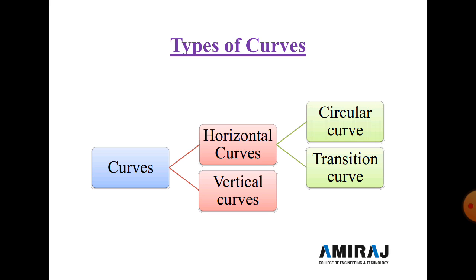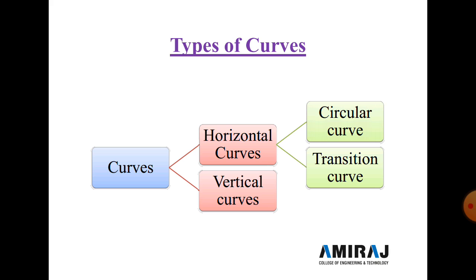Now next is the types of curve. All of you know about the curve. In the GTU examination, this question is asked: what is a curve, and analyze the types of curve and explain in detail. Curve is divided into two main parts: horizontal curve and vertical curve. And horizontal curve is also divided into two parts: circular curve and transition curve.